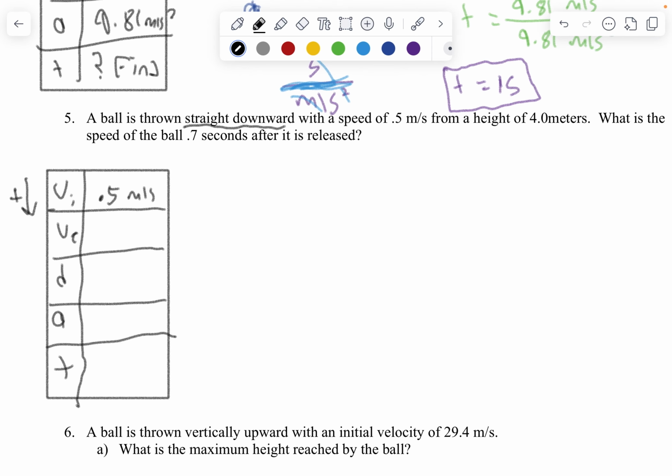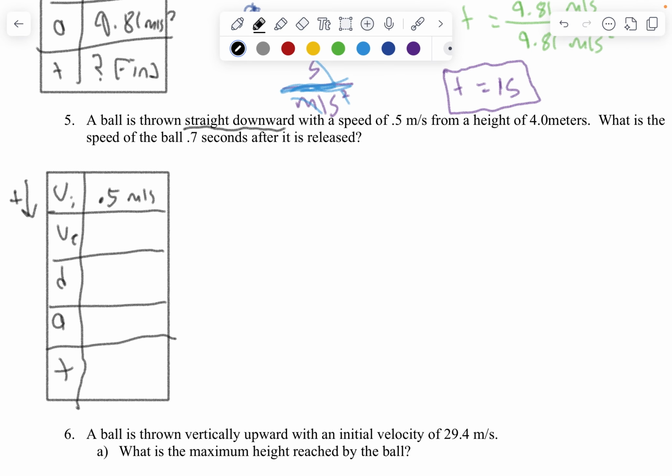When you think about it, our whole question is going downwards, and so we should label it as positive so we don't have to always use negative numbers. That's just me talking through my reasoning of why I'm labeling it as 0.5 meters per second instead of negative 0.5 meters per second. Remember that a negative is just the opposite direction in physics, in kinematics.